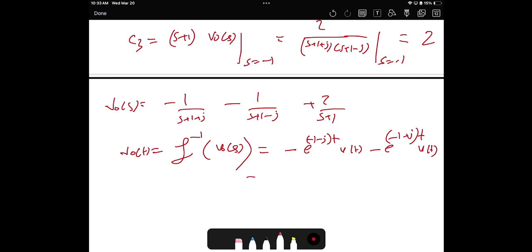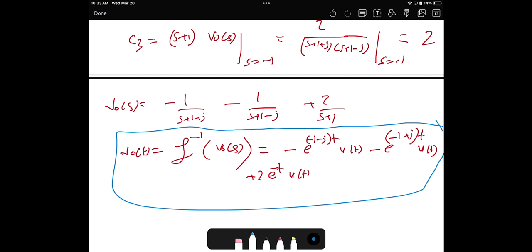We can say plus 2 e to the power of negative T, U of T. So now you should stop here. The answer will be done here. And of course the unit is volts.